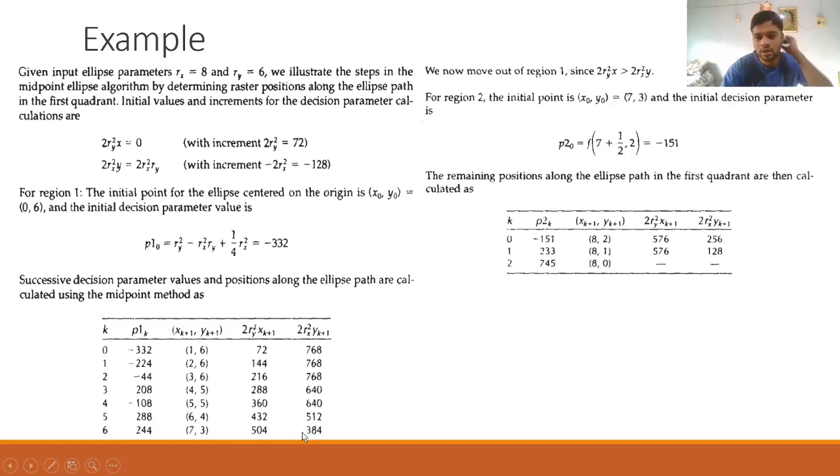We now move out of region 1, since 2 ry square x is greater than 2 rx square y. That is the condition we are continuously checking.